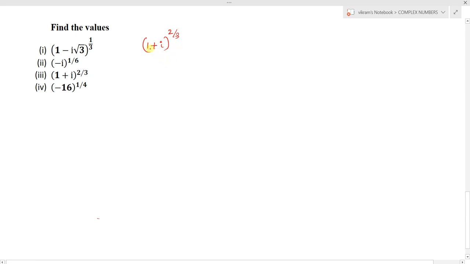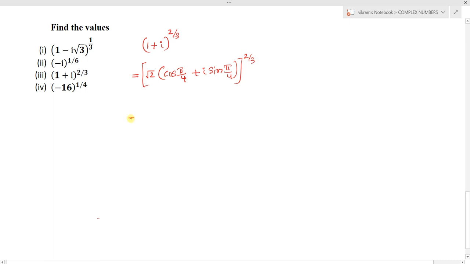First we have to represent 1+i in polar form. Directly I am writing r = √(a²+b²), so it is √2 [cos(π/4) + i sin(π/4)], since it is in the first quadrant, the whole power 2/3.